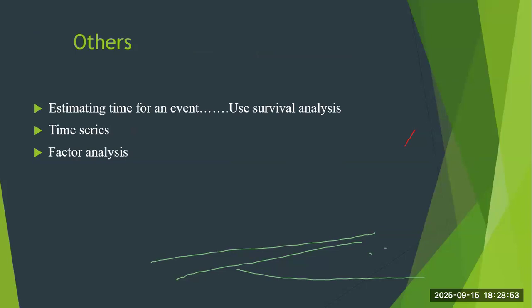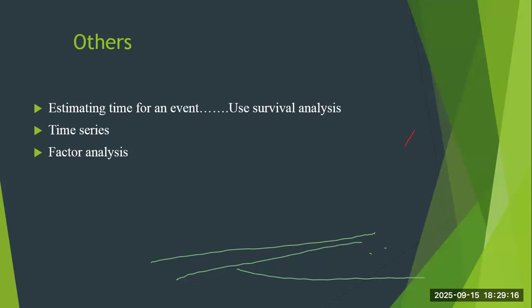Then finally, I also want to tell us about estimating time to event. So you are following up people and you're looking for time to an event. For example, the time it takes for somebody to die in cancer research, the time somebody survives if given chemotherapy, or the time it takes for somebody to be lost to follow-up in an HIV clinic. So it's a follow-up design.